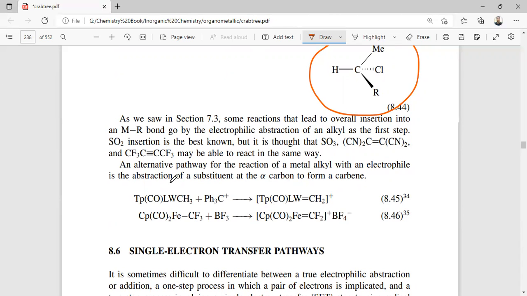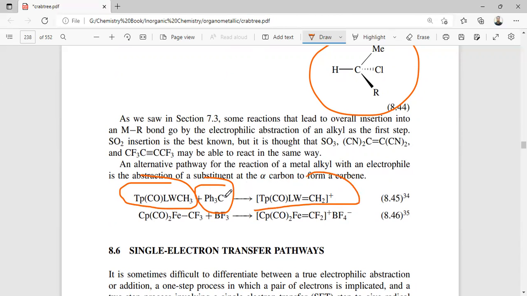So here from this metal alkyl, the electrophile abstracts the proton from the alpha carbon to form this carbene intermediate. In the same case, BF3 is the electrophile, being electron deficient, to abstract the atom from this metal to form this carbene intermediate.